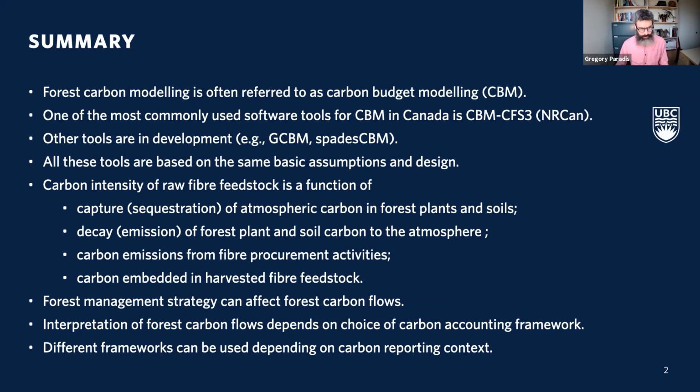And there are carbon emissions from fiber procurement activities, because forest management requires us to access the forest. We have to build roads that remove some of the productive area that could otherwise be growing trees to sequester carbon, but also we drive trucks and forest machinery around, and those trucks and forest machinery have embodied emissions and also operating emissions through burning fossil fuels.